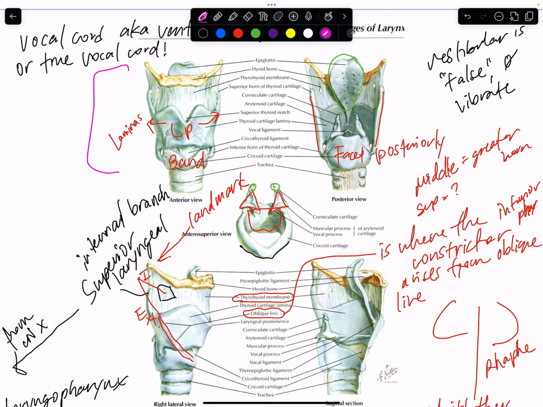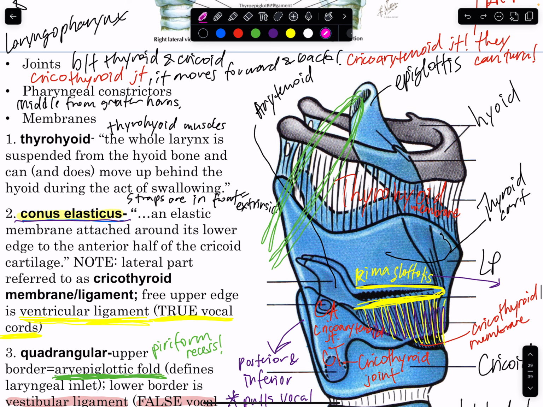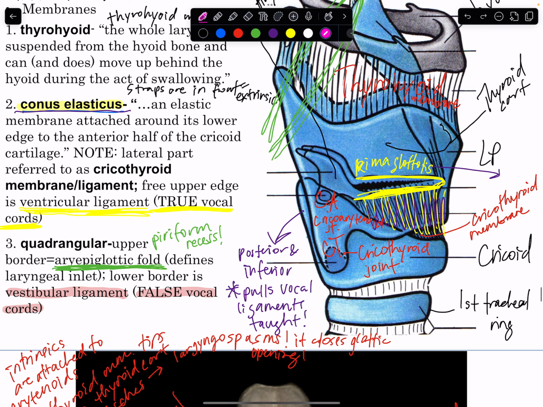We already kind of talked about this. We went and looked at our model. We know that there are different cartilages here. So we have the arytenoid cartilage up in there. We talked about that, and we talked about the muscles that turn them.